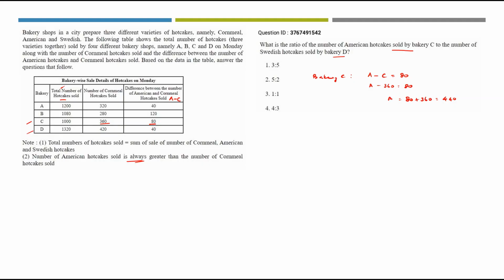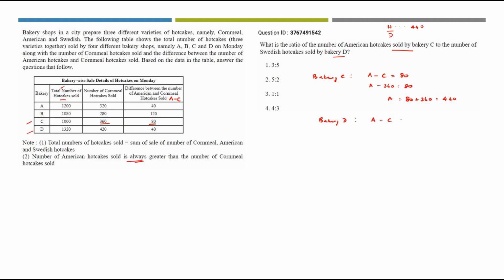Now ratio means you have to take it as numerator by denominator. In this, the numerator value is 440, which is nothing but the number of American hotcakes sold by bakery C. Now what we have to find is the denominator part. So this will be the number of Swedish hotcakes sold by bakery D. Regarding bakery D, what is the difference between American and cornmeal?